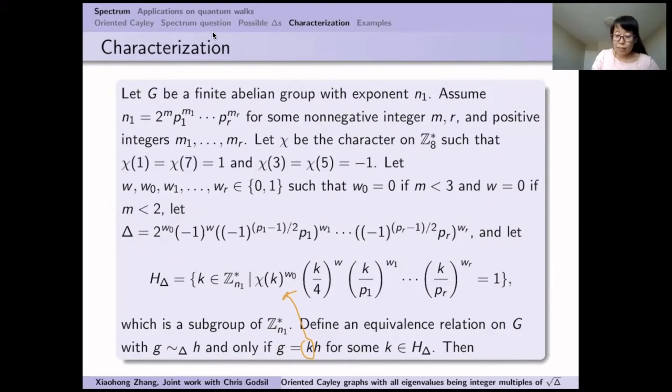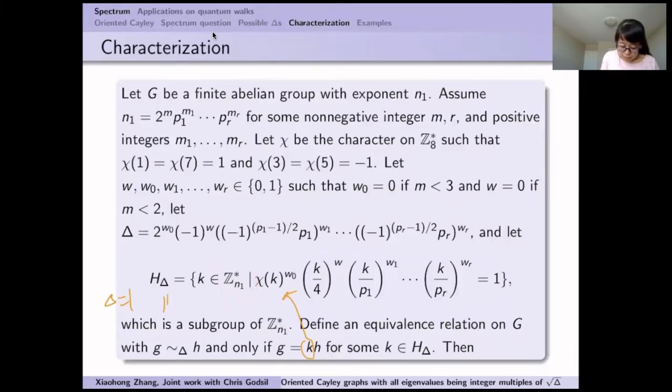There is a special case for delta equals 1. What does that mean? Delta equals 1 means all the Wi's are 0. So everything takes the exponent 0. So any number co-prime to n1 is still in the subgroup.